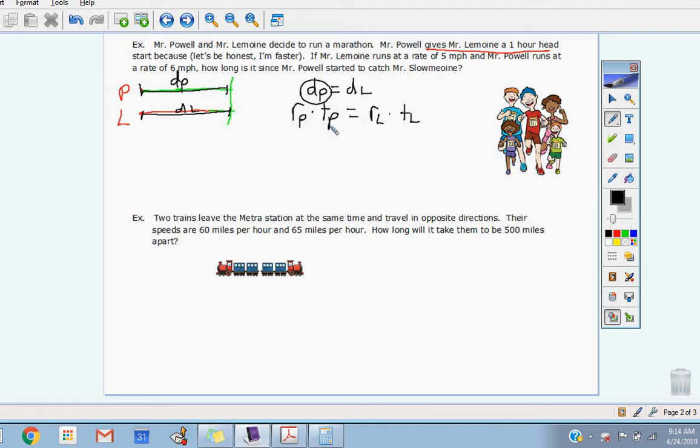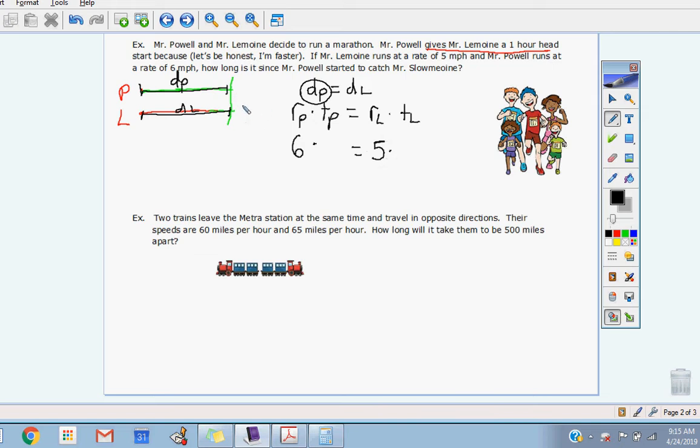So here's the deal. What I always like to do is realize what we know and what we don't know. Like right now, out of rate and time of me, we know that I'm traveling 6 miles per hour. So I'm going to leave that right now. What do we know about Lemoyne? We know that he's traveling 5 miles per hour. The biggest thing is we don't know their times right now.